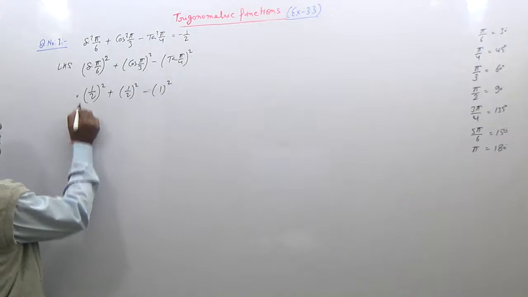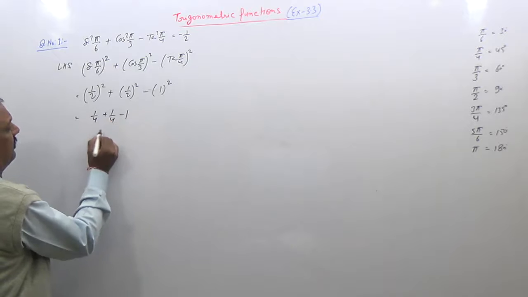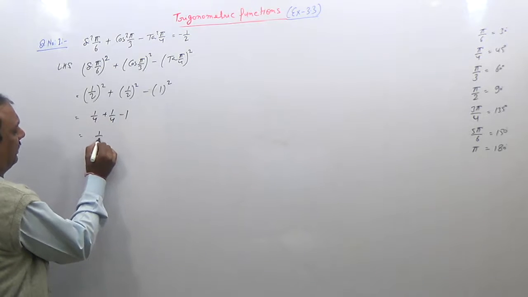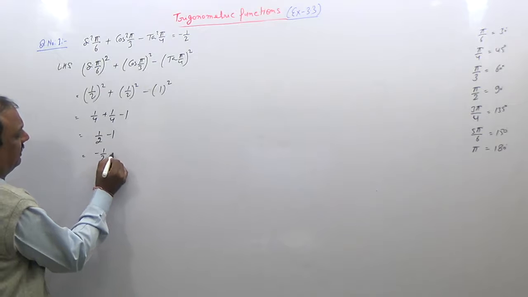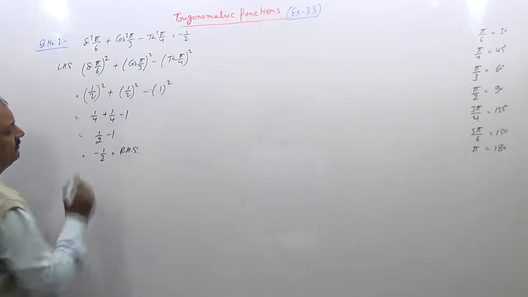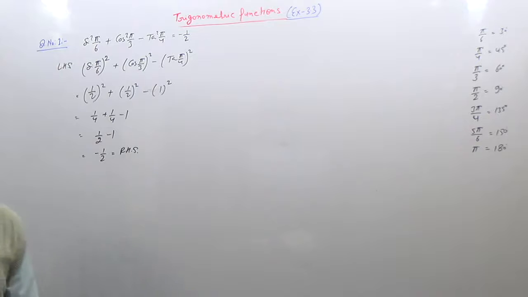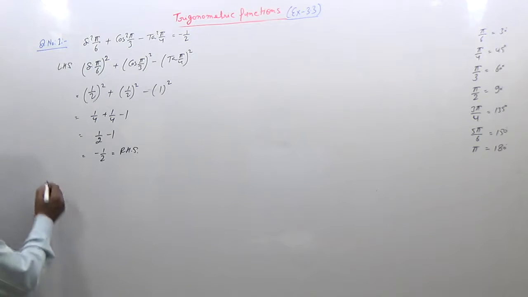So 1 by 4 plus 1 by 4 minus 1, that is 1 by 2 minus 1, that is minus 1 by 2, which is equal to the right hand side. So the proof of the first question is done. We have simply put the values of the given angles from the trigonometric table.